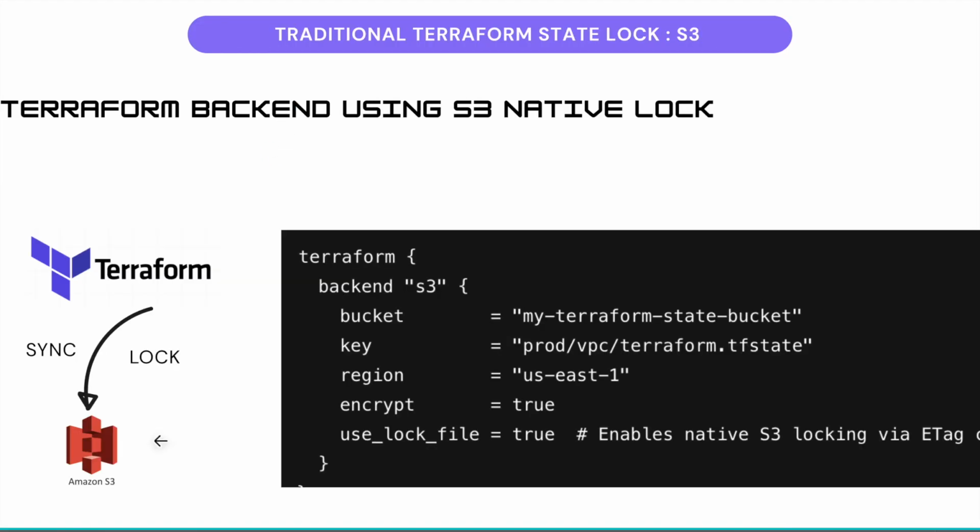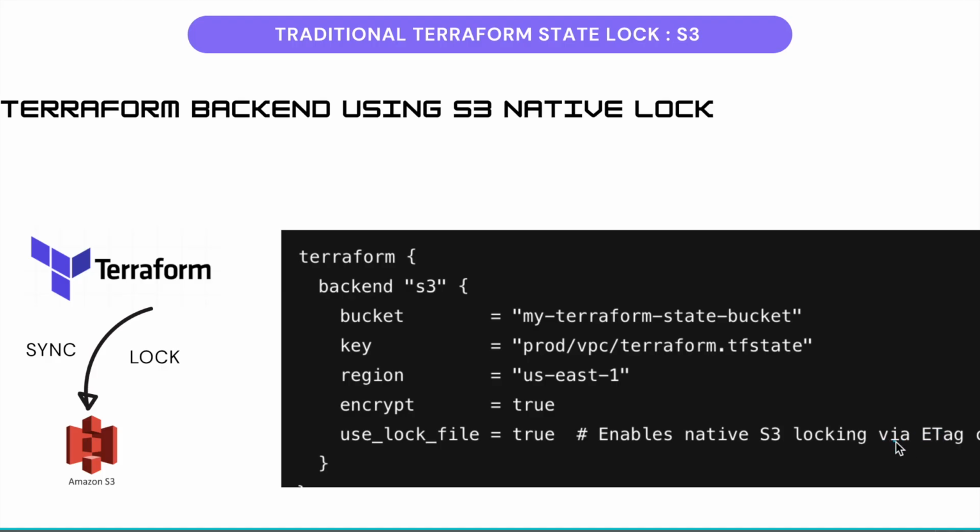Now going forward, as we don't need DynamoDB, the syncing part of the state file as well as the lock is natively supported in the S3 itself. So again, the code remains the same. We just need to use the parameter use_lockfile equal to true, which enables the native locking. And the technology it uses is functioning with the help of ETags.